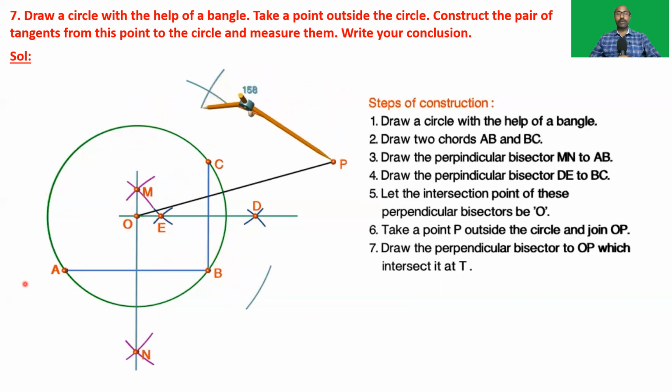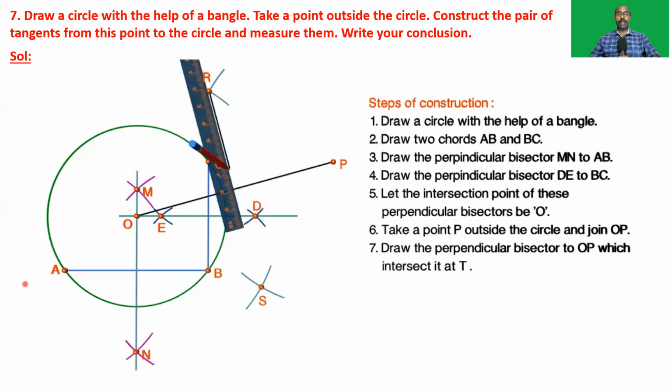We know how to construct a pair of tangents from an external point to a circle. Here we are proceeding in the same way. So here RS is the perpendicular bisector of OP.